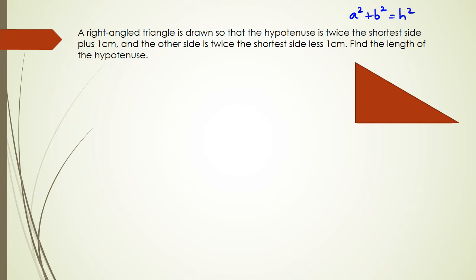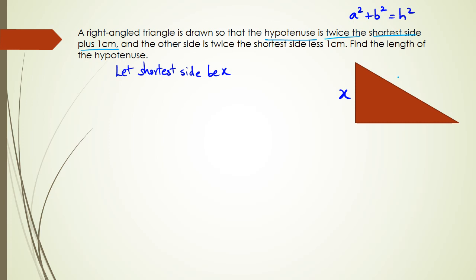Alright, so let's have a look at the question itself. We've got a right angle triangle where the hypotenuse is twice the shortest side plus 1 centimeter.